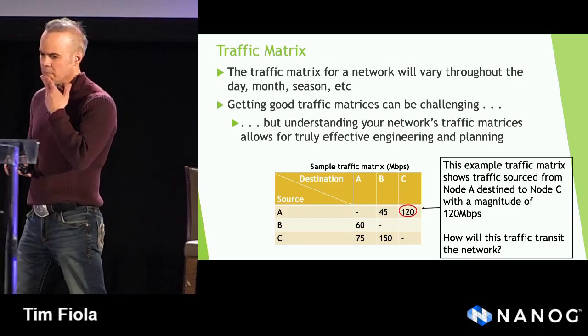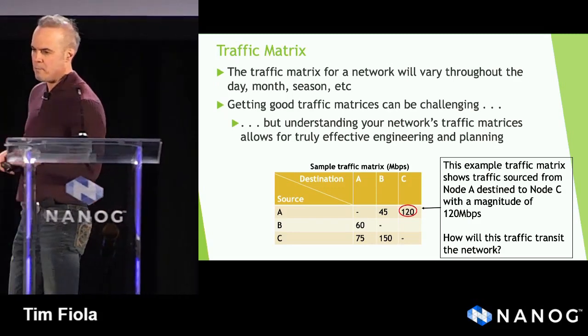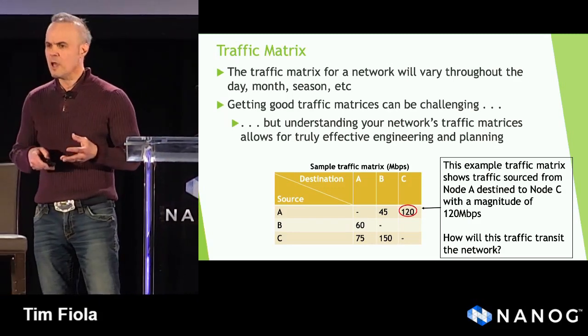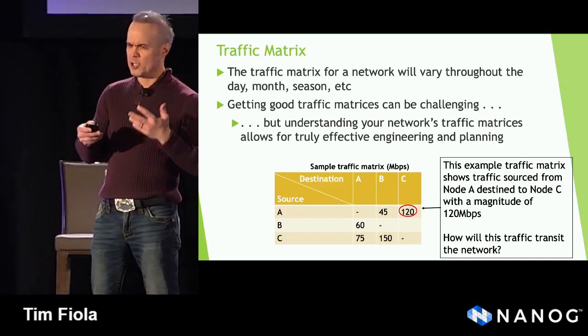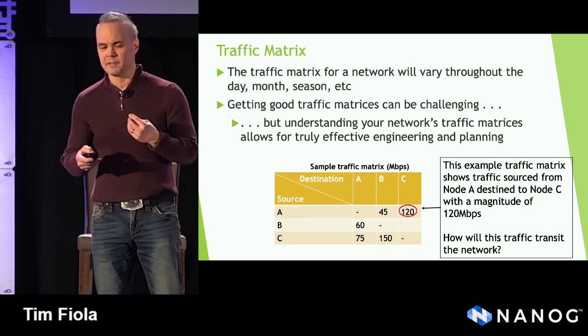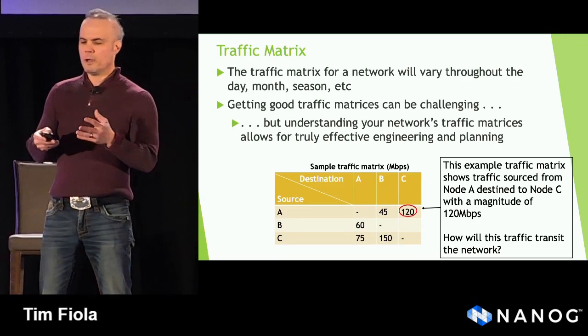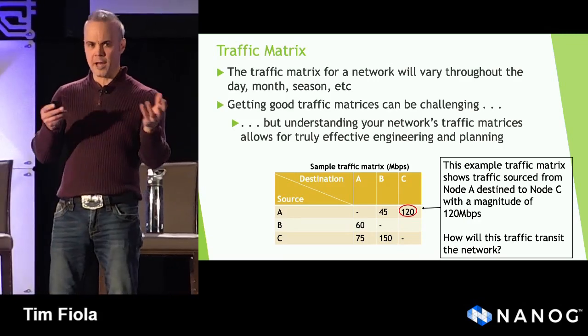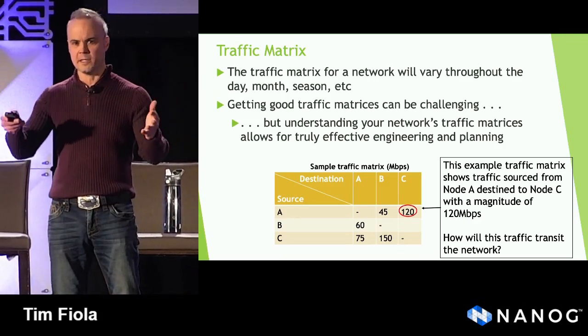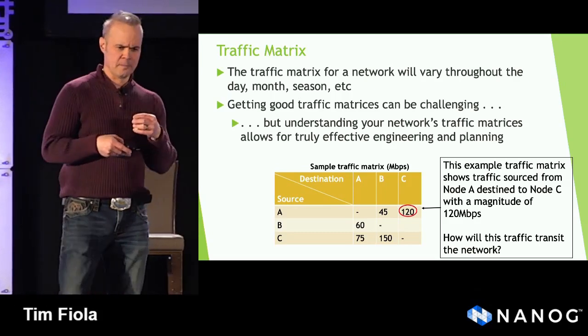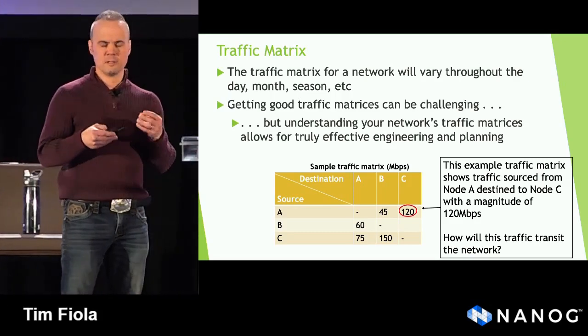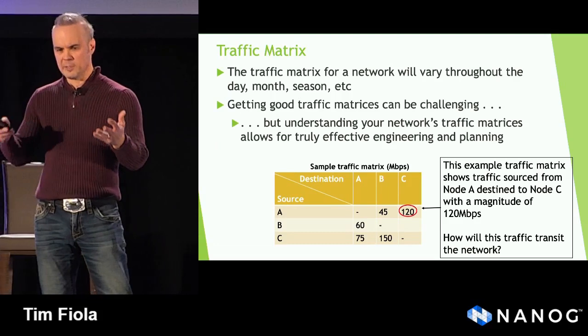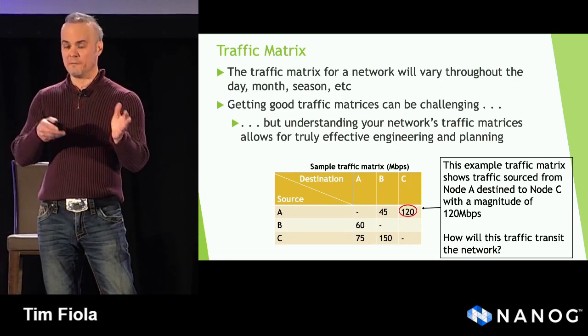And one common question I get in WAN modeling is, hey, what if I make a BGP change or a policy change? Can you model that? No. The traffic matrix is a product of all those policies, and let me back up. It's a product of all your BGP policies and any other policies that will affect traffic.